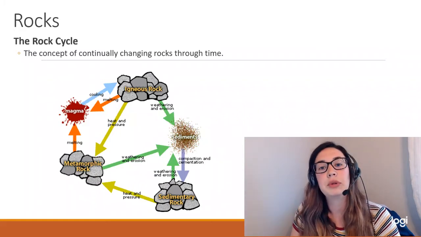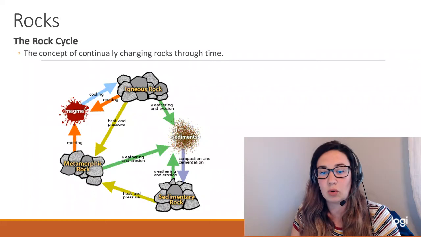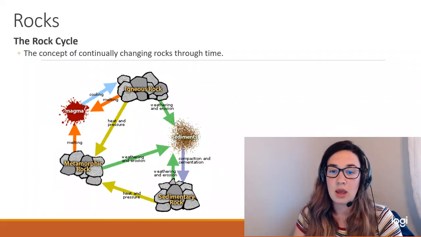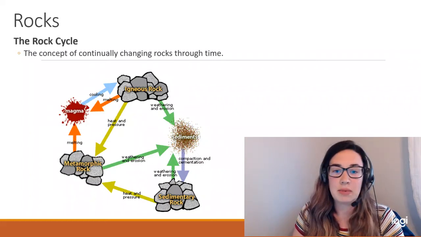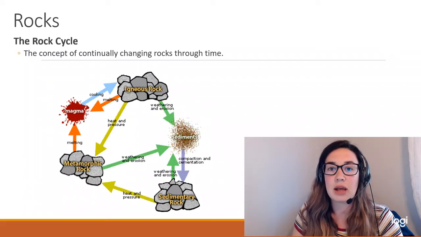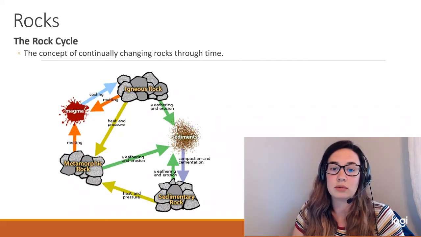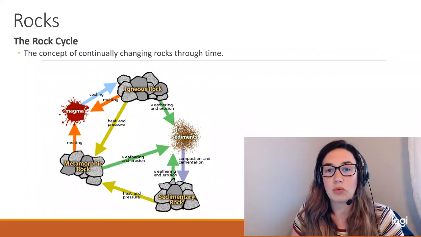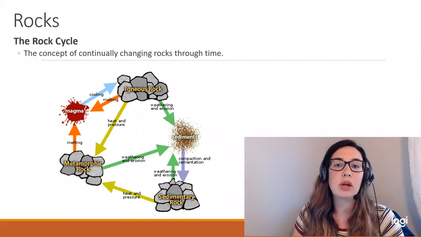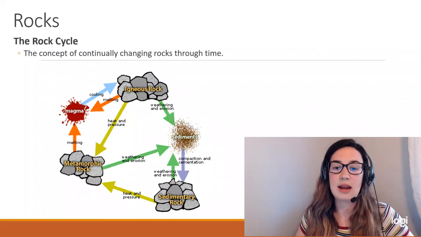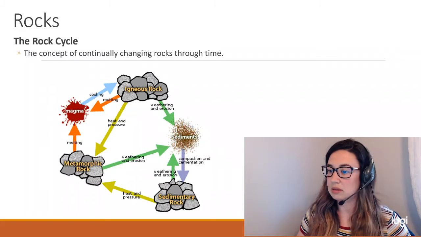If we have cooling, if we have melting, if we have heat or pressure, weathering, erosion, and compaction or cementation. Any types of processes that we have will transform our rocks over time. And so we'll look in more depth at the next slide at what our rock cycle is.